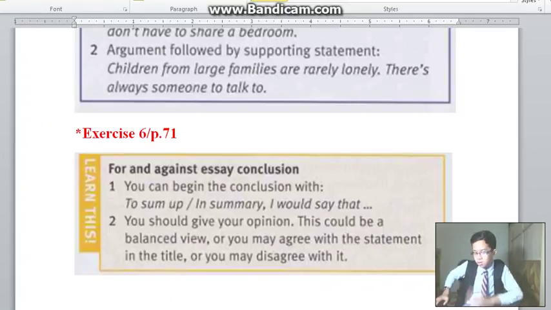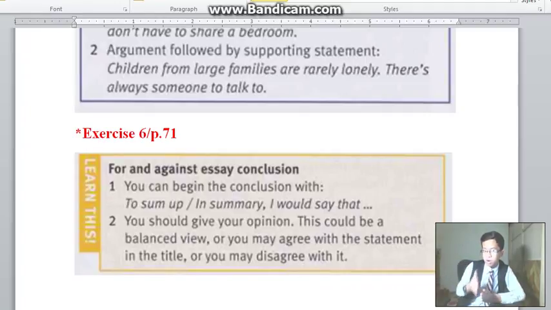For the essay conclusion, you can begin with to sum up, or in summary, or I would say that. Number 2, you should give your opinion. This could be a balanced view, or you may agree with the statement in the title, or you may disagree with it.